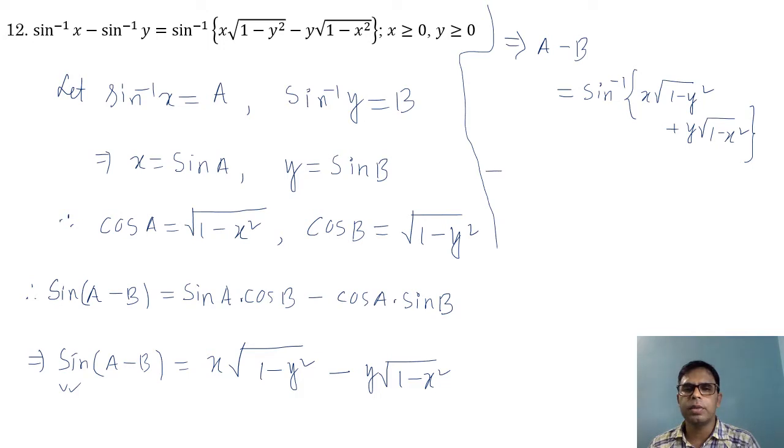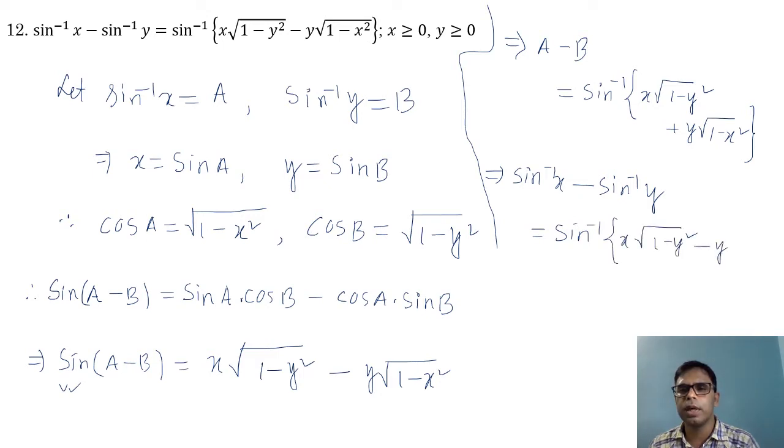And finally you apply the values of a and b, and that is sin inverse x minus sin inverse y, because a is sin inverse x and b is sin inverse y, is equal to, on the right hand side, sin inverse of x into root over 1 minus y square, minus y into root over 1 minus x square, and this is the proof.